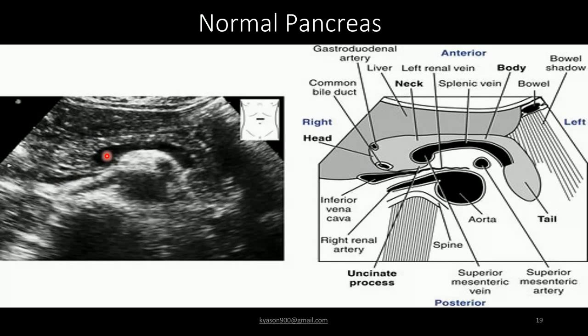How is it formed? The splenic vein joins with the superior mesenteric vein. This is the meeting point to form the portal vein.